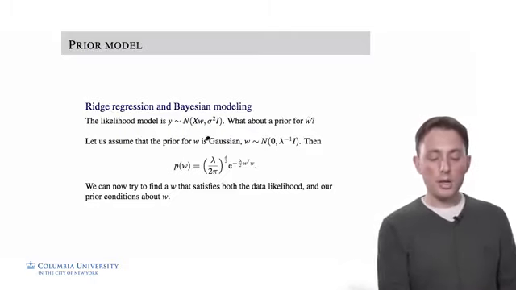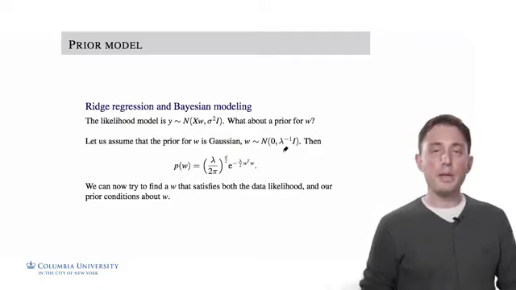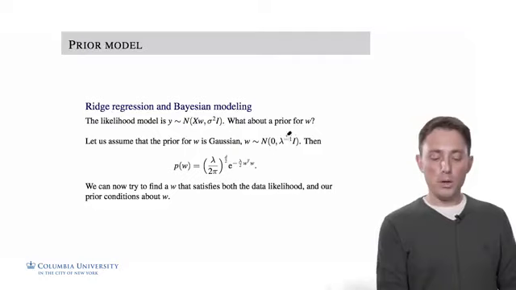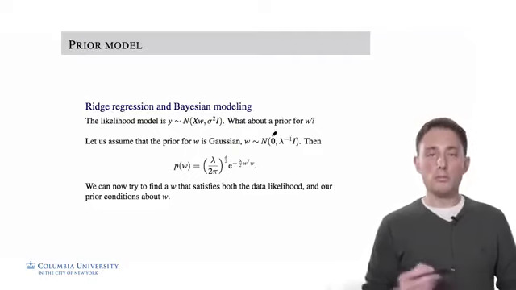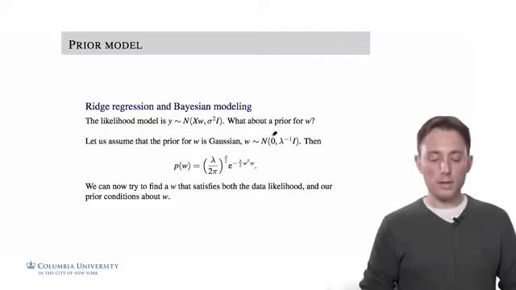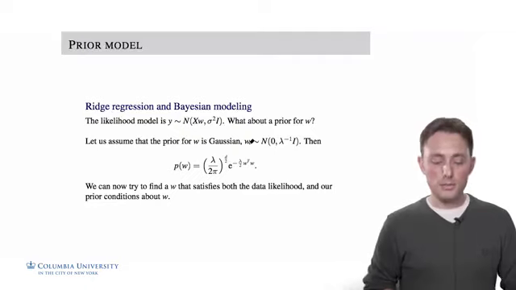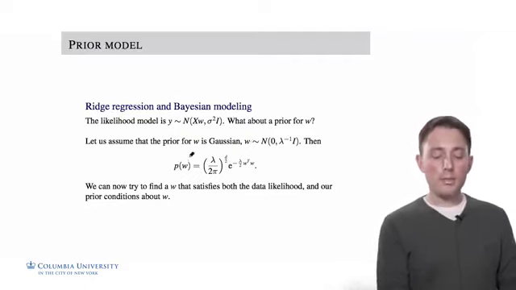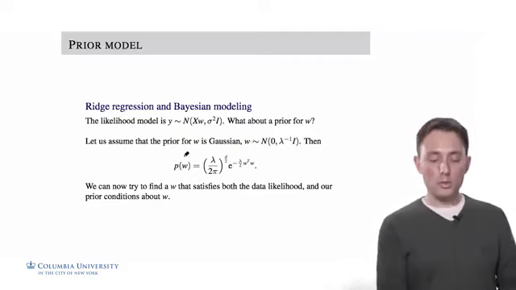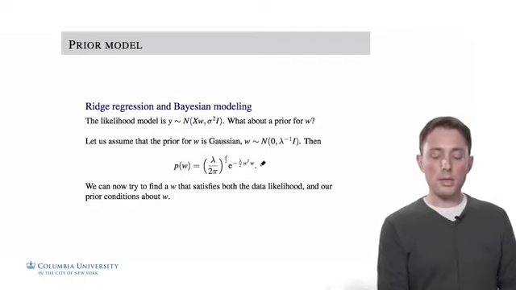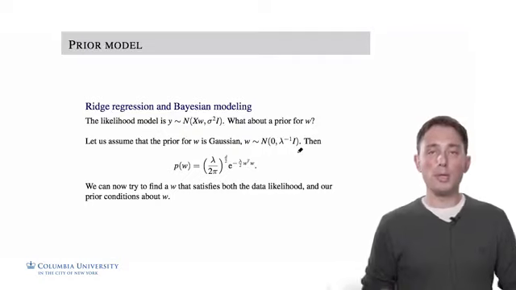And let's assume that the prior on the vector w is Gaussian with mean 0 and covariance equal to lambda inverse I, where this is now a d-dimensional multivariate Gaussian if w is d dimensions. Then we can write the prior density of w in this way. So this is simply the density function that corresponds to this probability distribution.